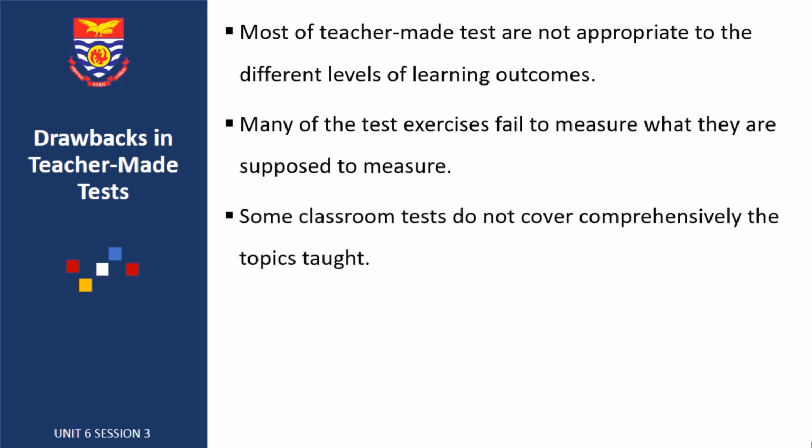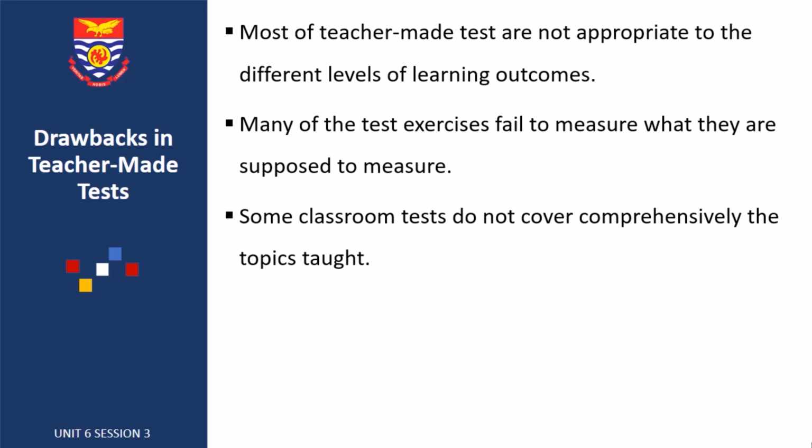And some classroom tests do not also cover comprehensively the topics taught. So the teacher will teach about 5 topics and set exams on just 2 of the topics. And even on the 2 topics, you realize that the teacher will only set some knowledge questions. And understand that anytime it comes to knowledge questions, these are the lowest level of cognitive objectives.